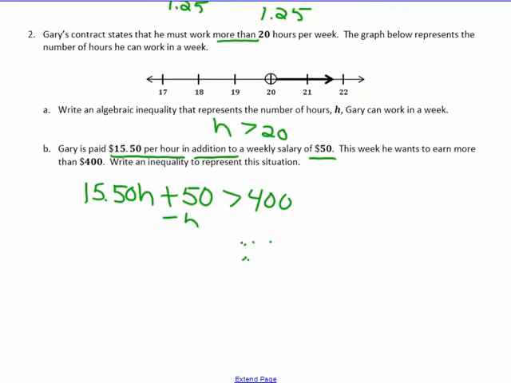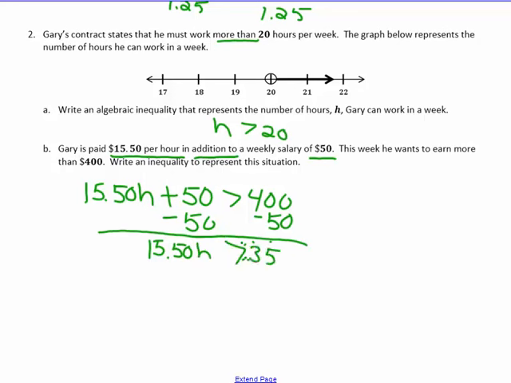So cancel my constant first, minus 50. So 15.50H greater than 350, divide by 15.50. So 350 divided by 15.50.